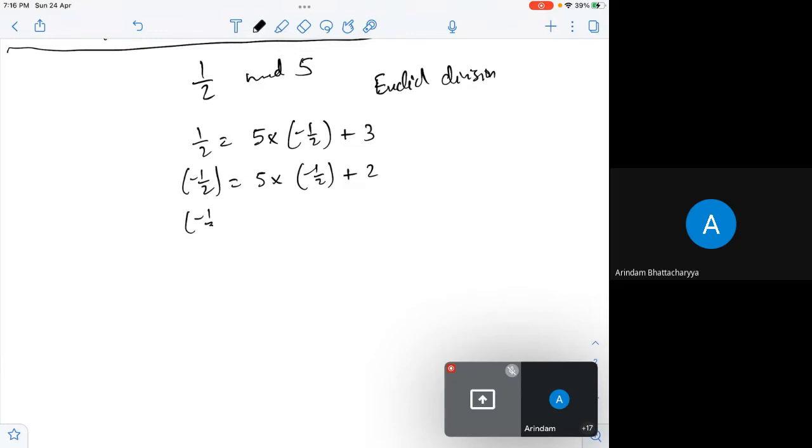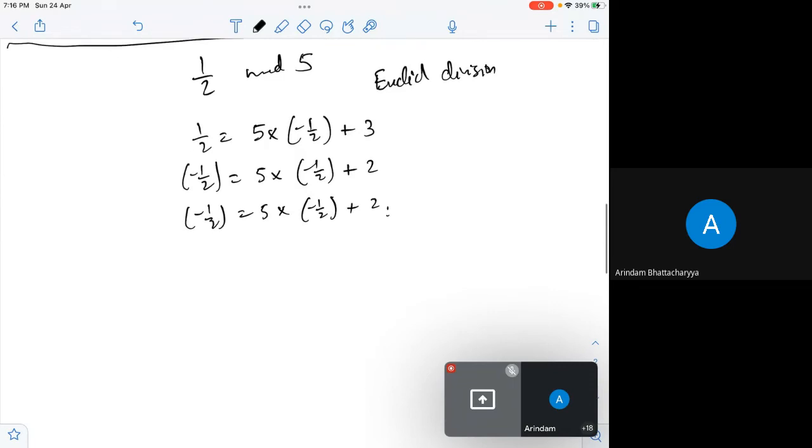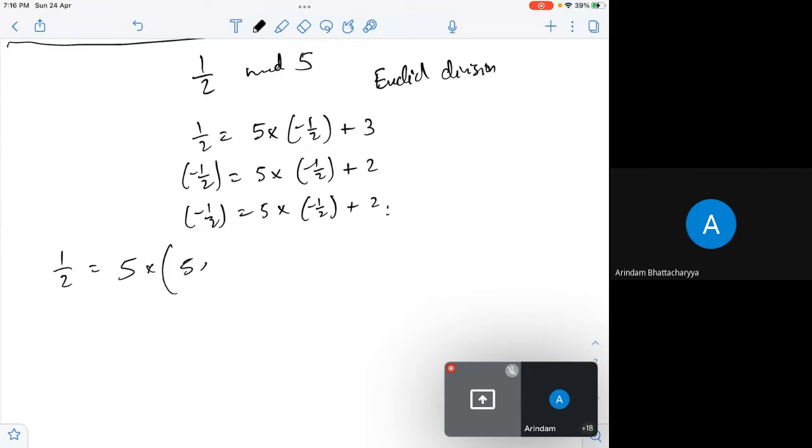And then again, it goes on. So I put all of this together. I do 5 times 5 times minus half plus 2 plus 3.